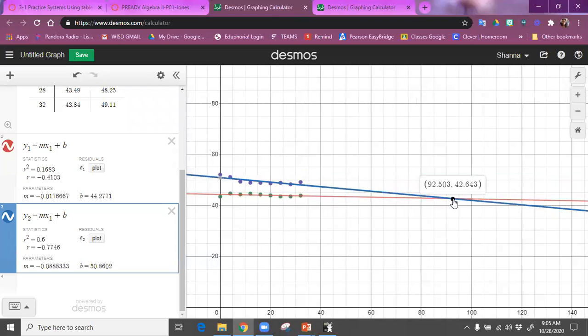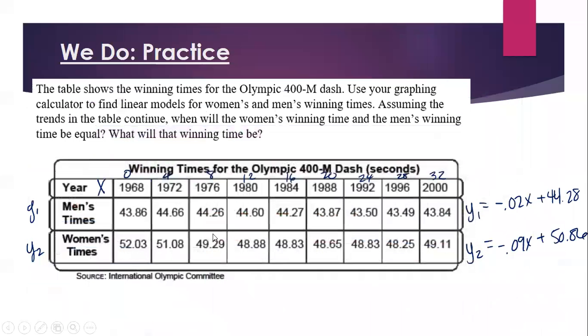So what does our intersection mean? What does the 92.5 mean? Years, right? So years from 1968. So we have our intersection, but we have to say what it means.